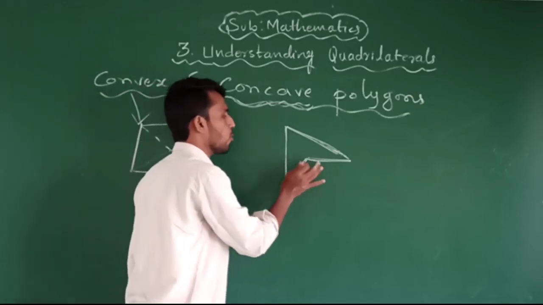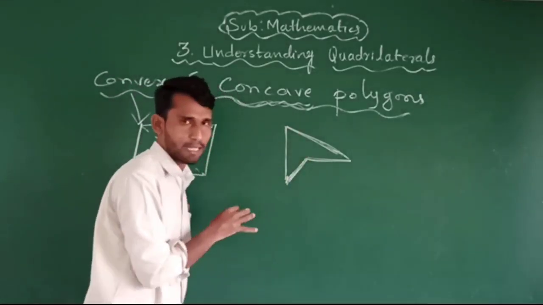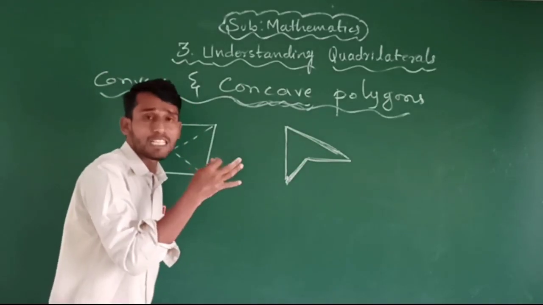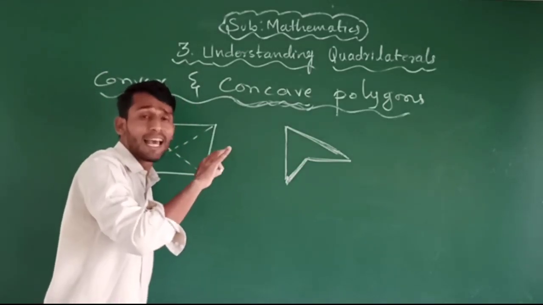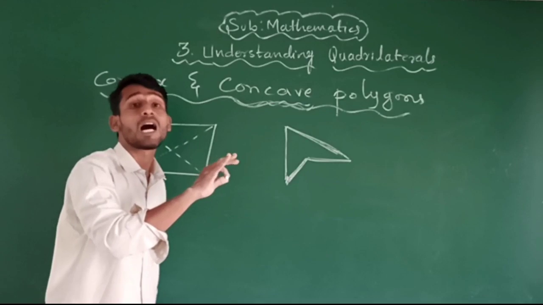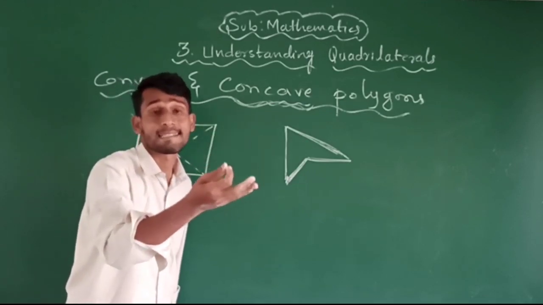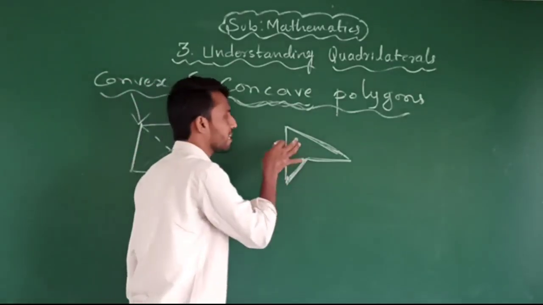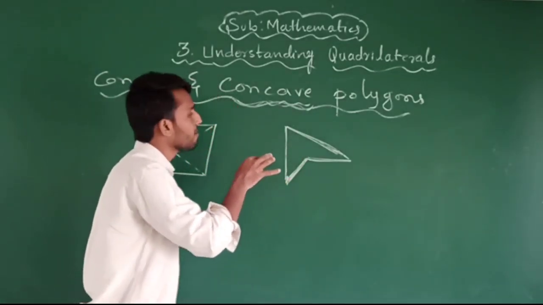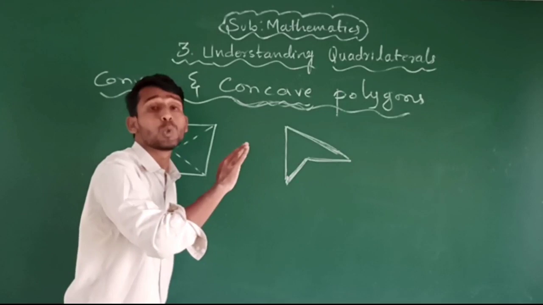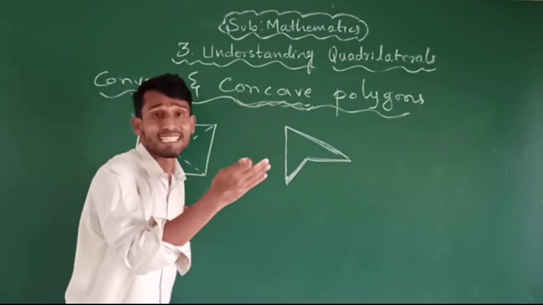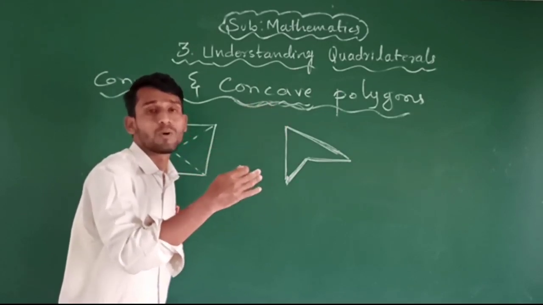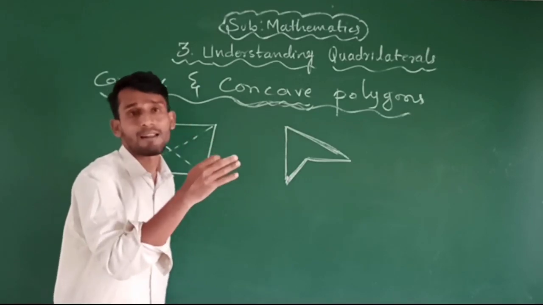If I ask you to draw diagonals in this figure. Now, diagonals mean line segments connecting non-consecutive vertices. Those line segments we will call diagonals. See, if I connect the line segment to non-consecutive vertices, those line segments we will call diagonals.